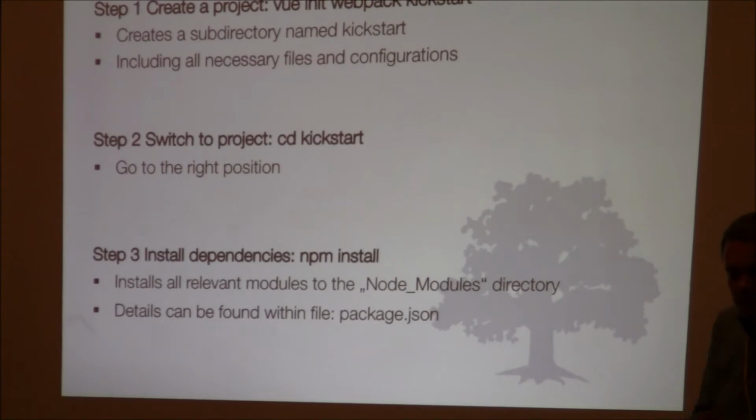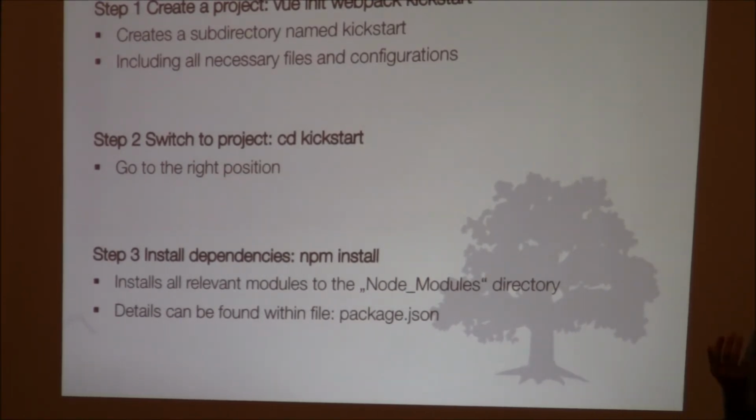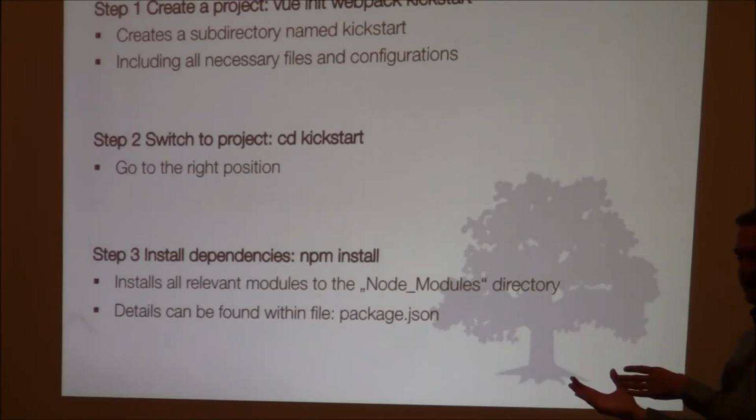And then we have to do the dependencies. So if you create a new project, there's one file, a properties file, describing which modules you want to use. And by using the Webpack template, there are some modules already in use and you need them. So in this properties file, there is information about which modules you use within development and which modules you use if you deploy the things.